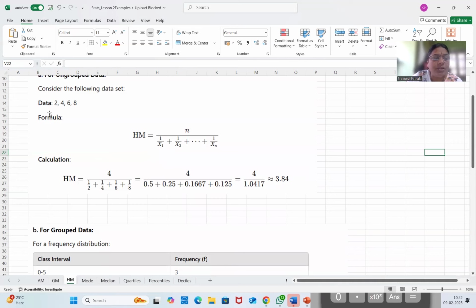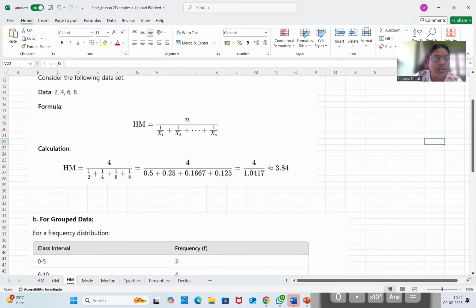So 4 divided by 1 by 2, 1 by 4, 1 by 6, 1 by 8. Half is 0.5, 1 by 4 is 0.25, similarly 1 by 6 is 0.16. Like this you do, and 4 divided by 1.04 it will come, and you can use a calculator to get the value. This is the simplest form of harmonic mean when an ungrouped data set is given. Let's move on to grouped data.